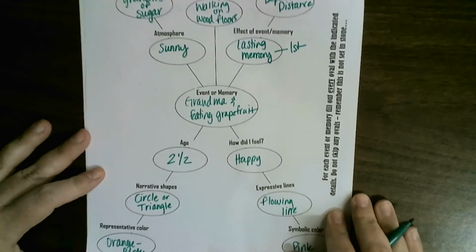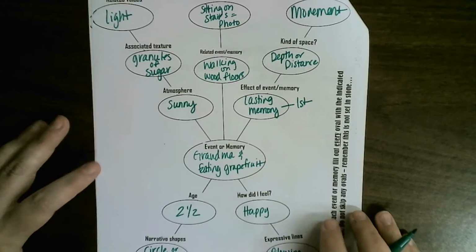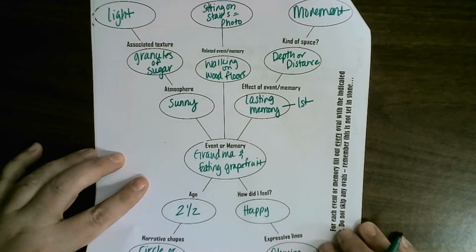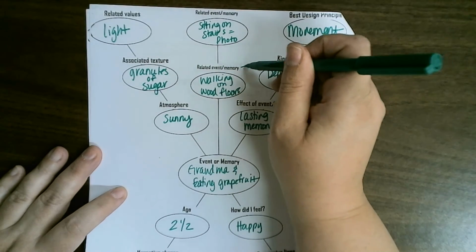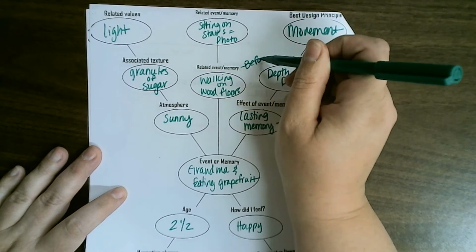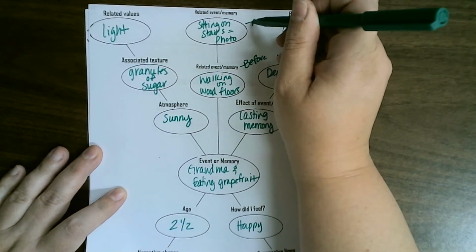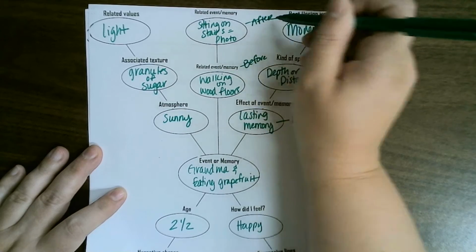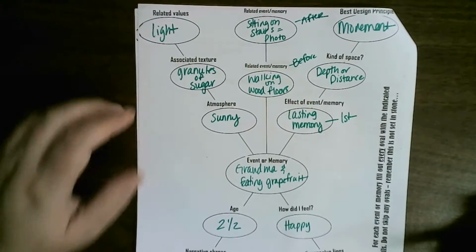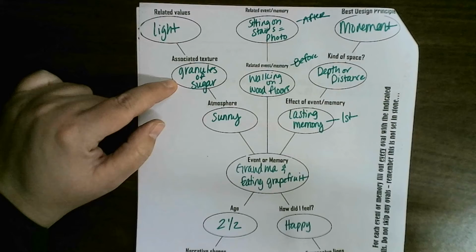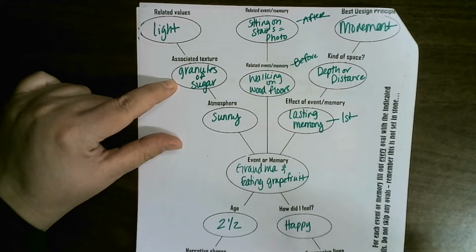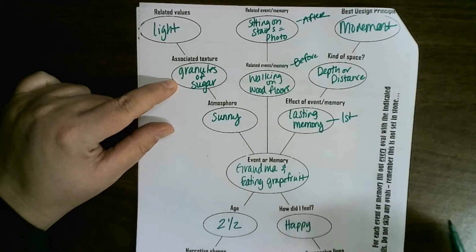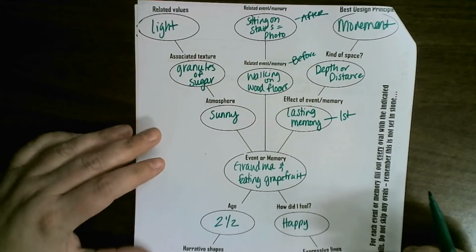So that is how you're going to fill it out. It doesn't have to be super deep if you don't want it to, but of course it can. So related events is like before, after. If you think of an actual texture that was there, or if you can think of a texture that could represent that emotion or that feeling in some way, you can do that one.